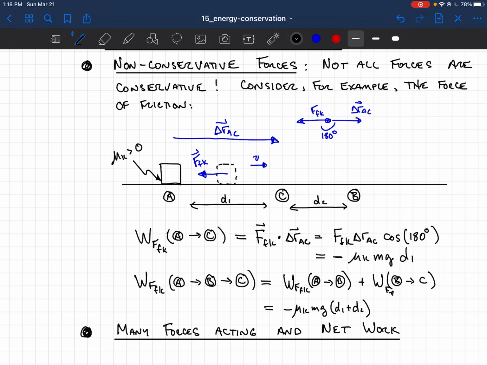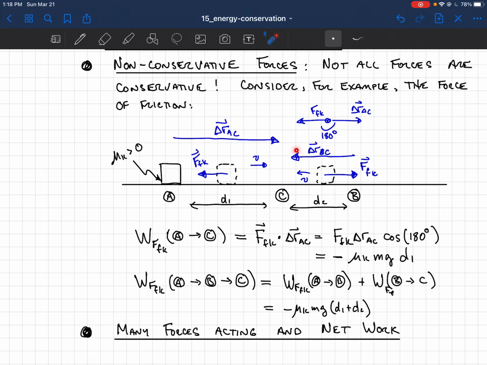And then as I go from B to C, we do need to draw this out to see what it looks like. I'm going to be going in this displacement here, delta r BC, and the force will be pointing opposite to the velocity at that moment, so the force points like this.